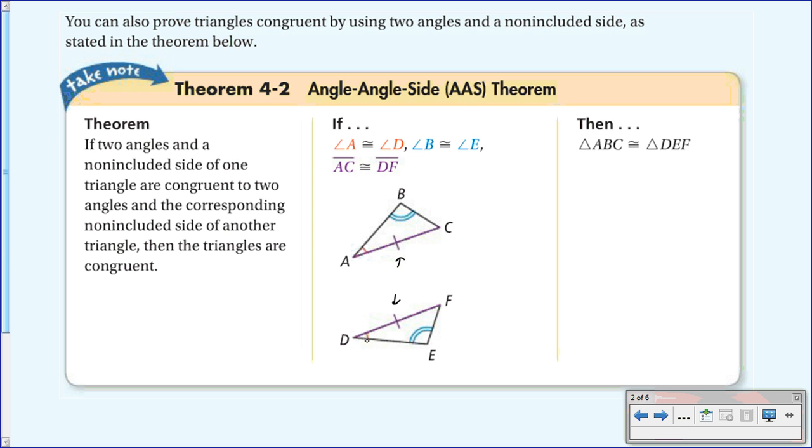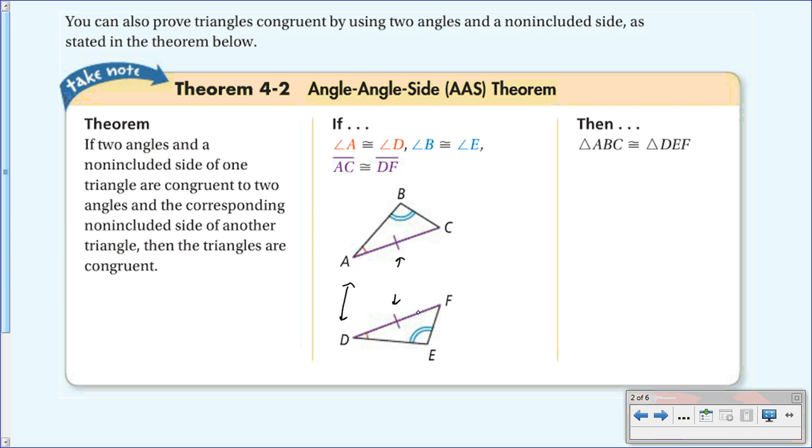Here we have A marked congruent to D. Well, if you notice, our non-included side, AC, is the side that is next to angle A, not angle B. So down here, since A and D are congruent angles, the non-included side will have to be the side that is next to angle D because it is congruent to angle A. If this tick mark had been on FE instead, it would not be the same non-included side.